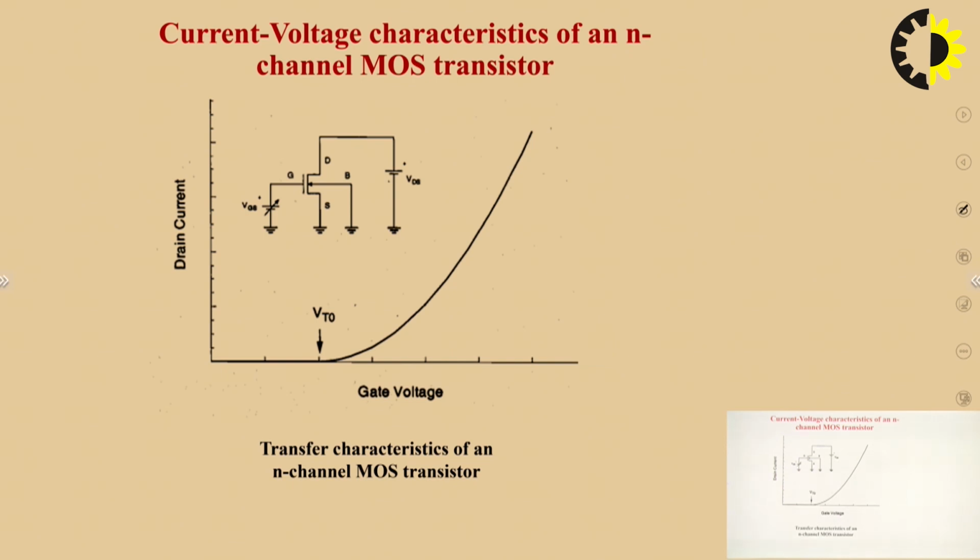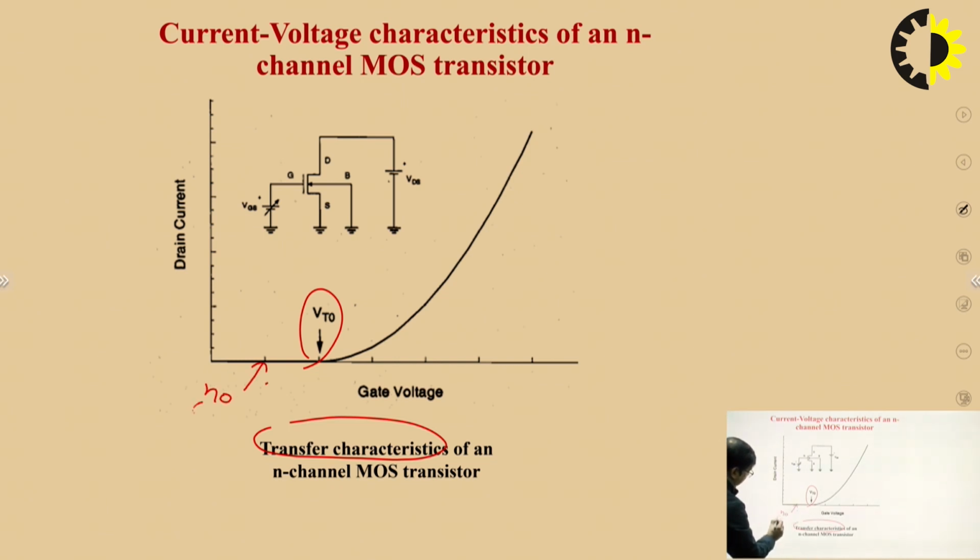Now this curve is showing the transfer characteristic of an N-channel MOSFET. Here, when the gate voltage is less than Vt, then there is no current.